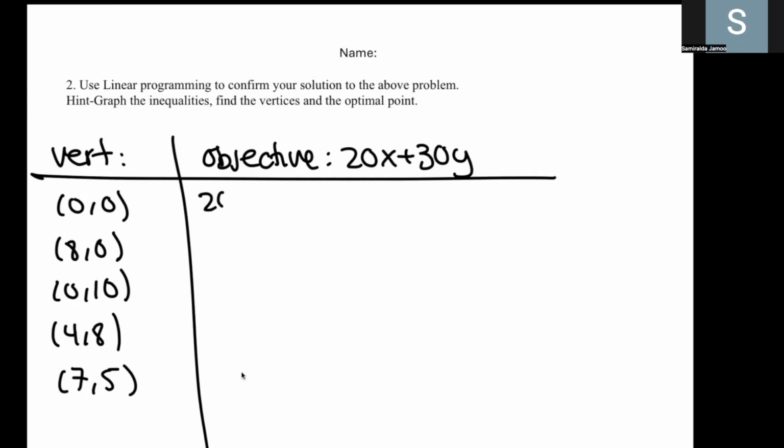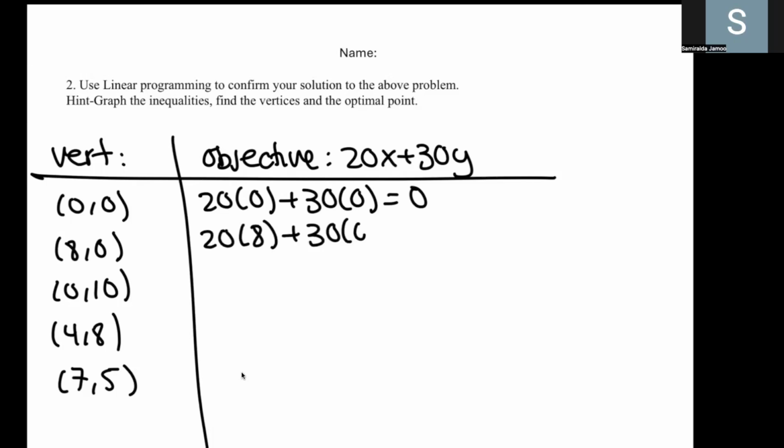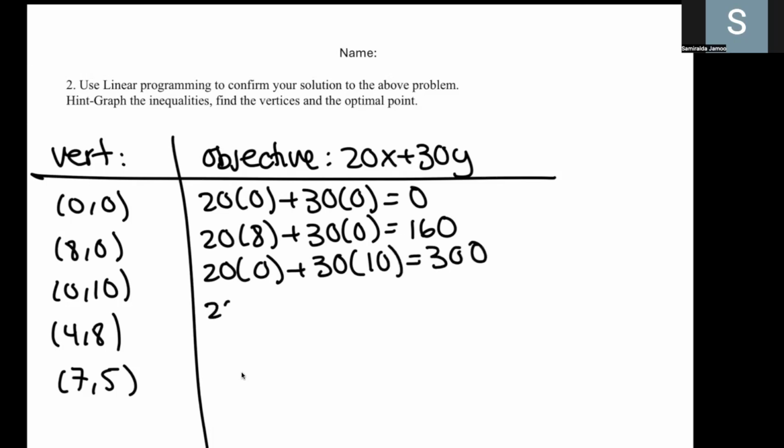All right, we have 20 times 0 plus 30 times 0. That's 0. 20 times 8 plus 30 times 0. 160. 20 times 0 plus 30 times 10. 300.